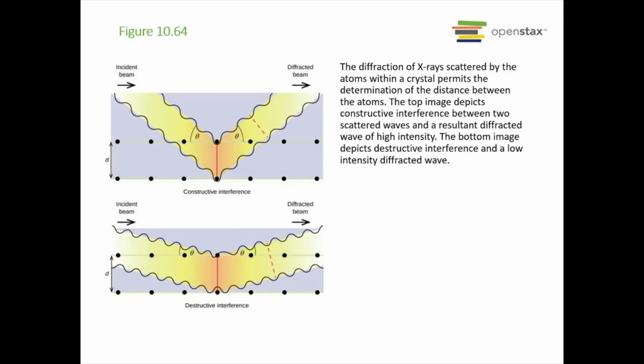You send these two waves at your particle, and they are scattered by your crystal at these angles, and they can either line up and go through constructive interference or destructive, depending on how they line up.